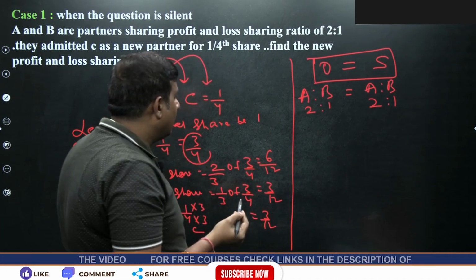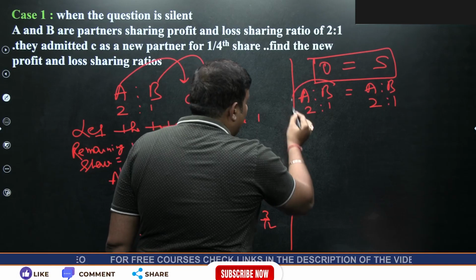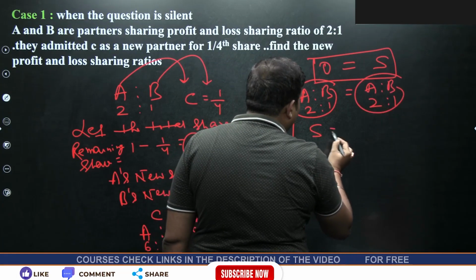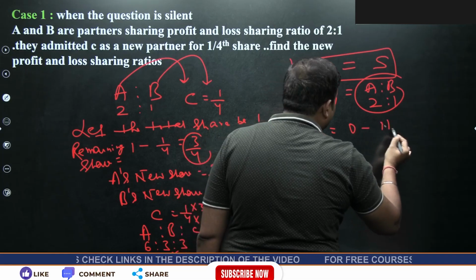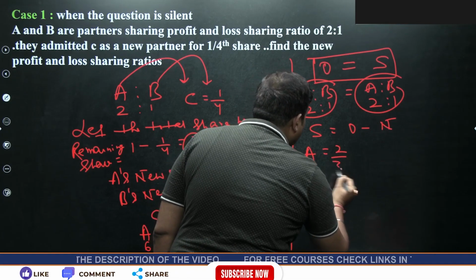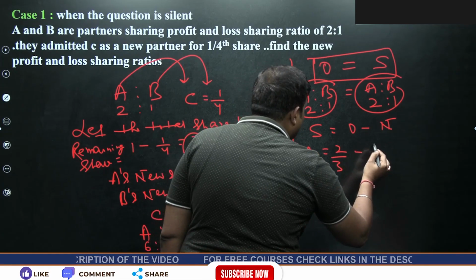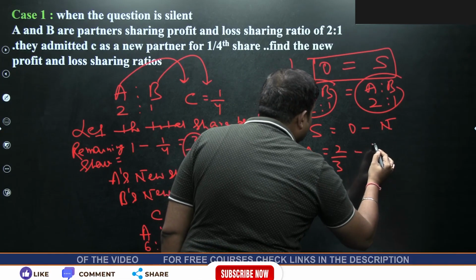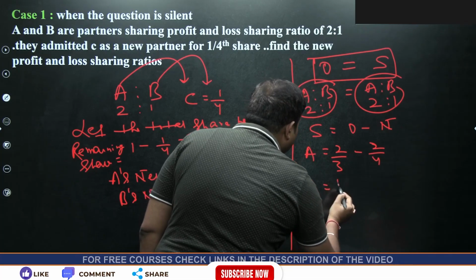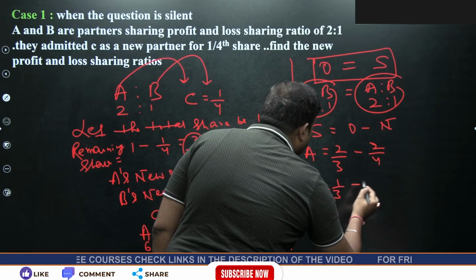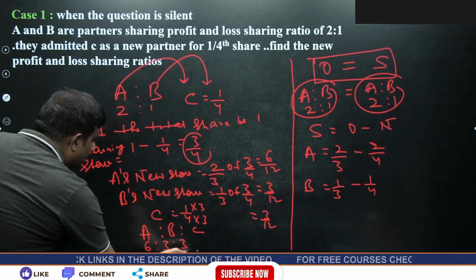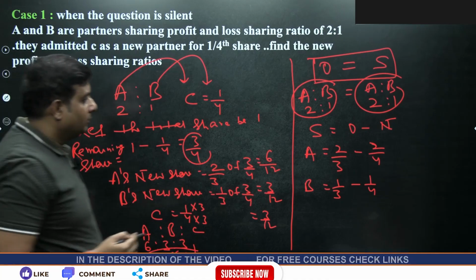Now we can simply calculate. We already have the old share, and in order to ascertain the sacrificing ratio, the formula would be old share minus new share. So the old share of A was 2 by 3, and the new share of A is 2 by 4. Similarly, B's old share was 1 by 3 and the new share is 1 by 4. We have just calculated the new share, right?